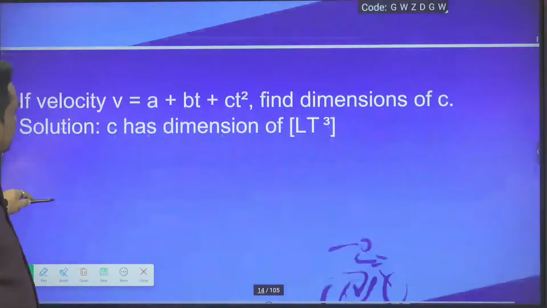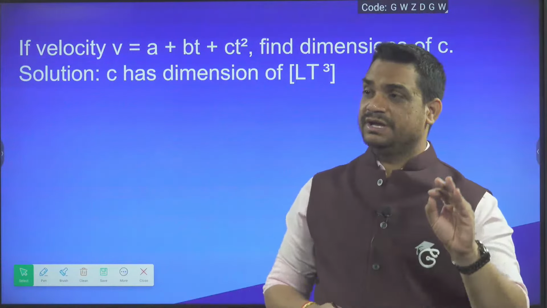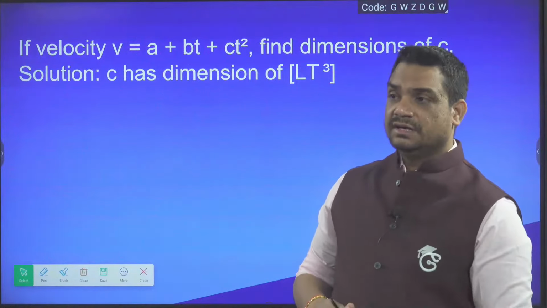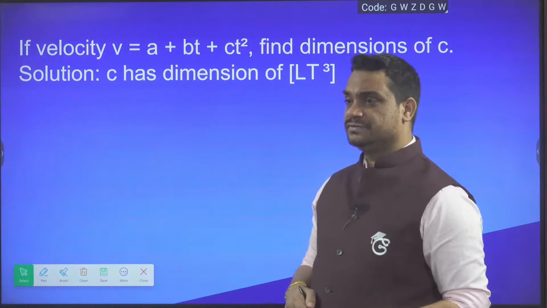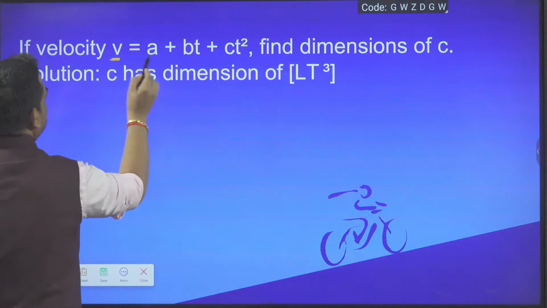Then we have some questions like this from homogeneity. If velocity is given as v equals at plus bt plus ct², then they are asking what is the dimension of c. If this is the velocity, then each term should be velocity.